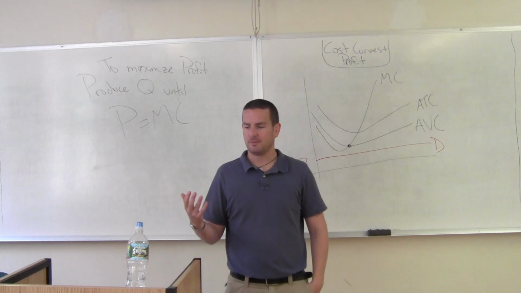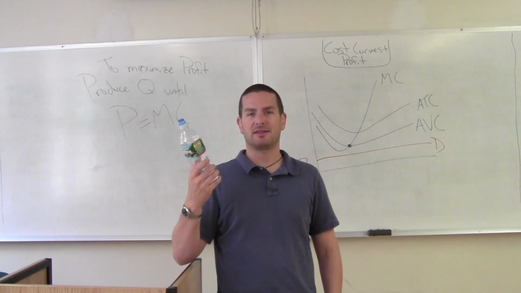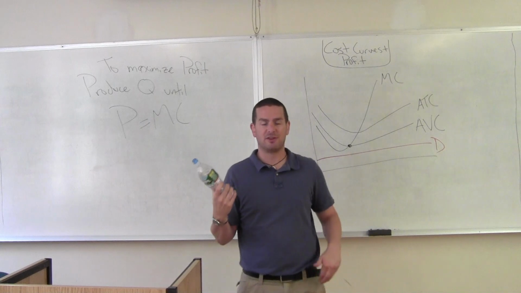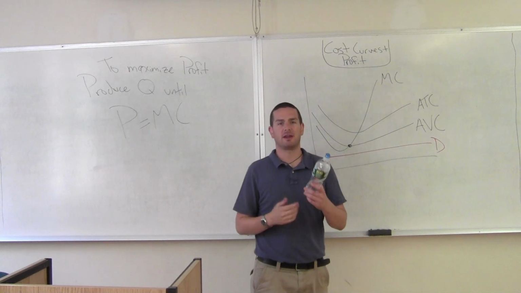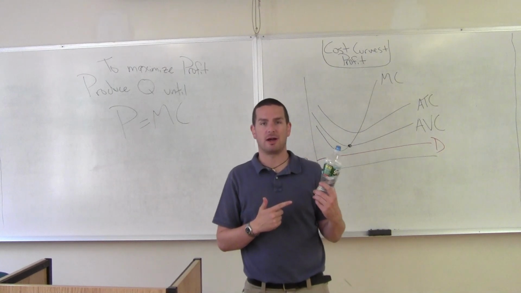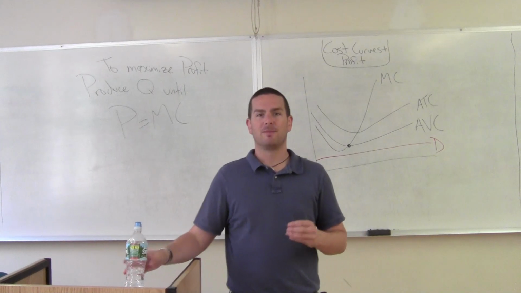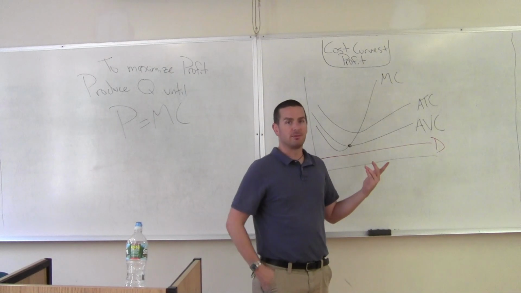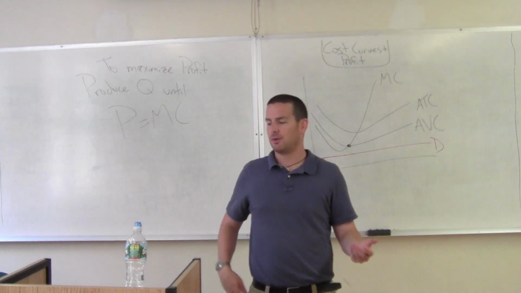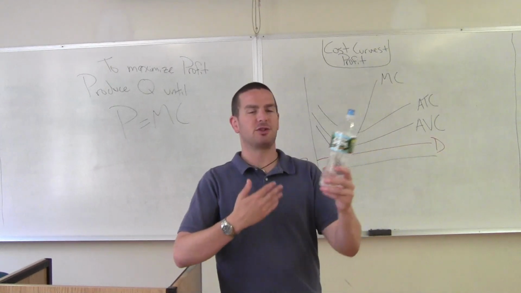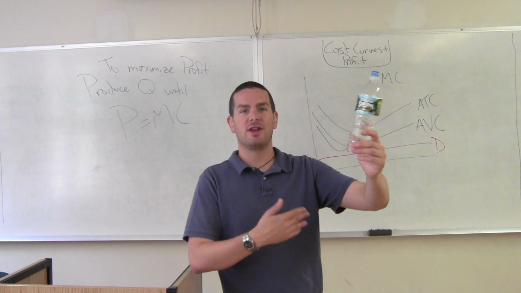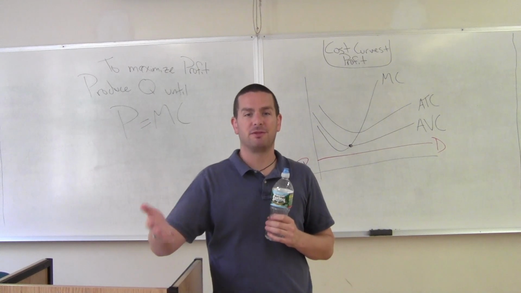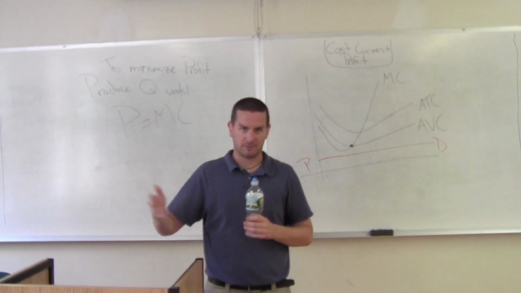Because on average, you're only going to make 15 cents per water bottle. Your average revenue is less than your average variable costs. So, it doesn't matter how many water bottles you sell, you're never even going to be able to cover the amount of the cost of your labor. Okay?